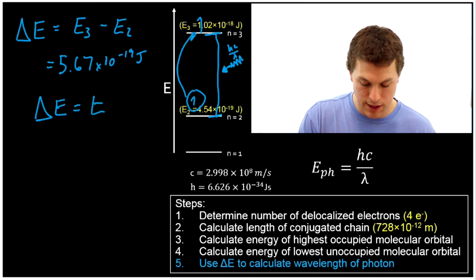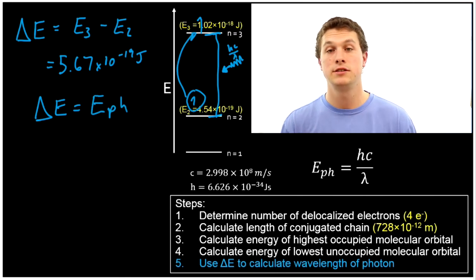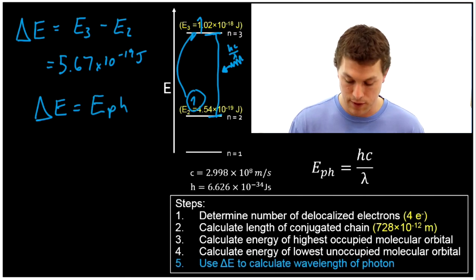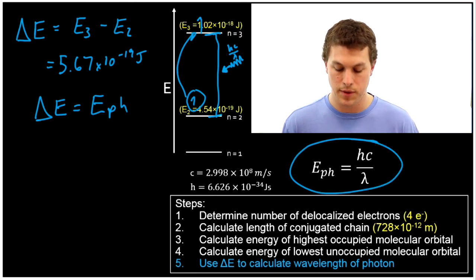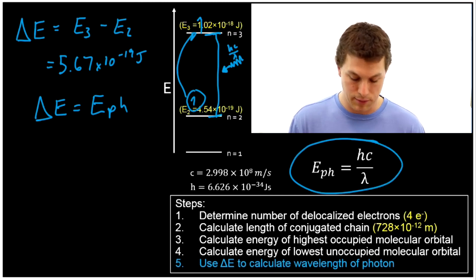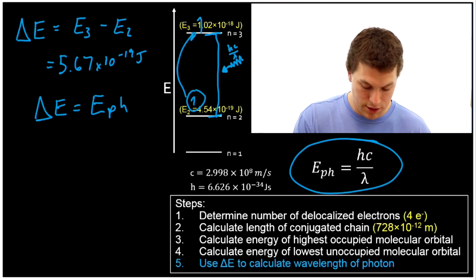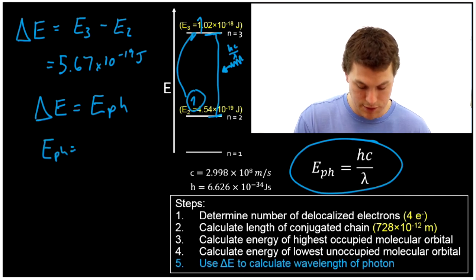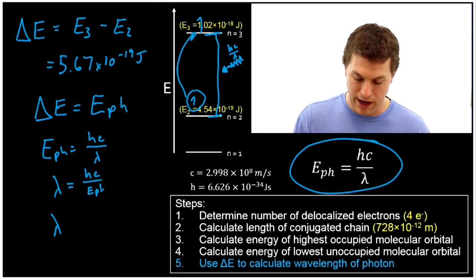The energy my photon needs is exactly equal to the change in energy, the difference in energy between those two steps. And now I'm ready to use my formula over here, energy of photon is equal to hc over lambda, to calculate lambda. With a little algebra, I multiply both sides by lambda and divide both sides by the energy of my photon. I get that. And again, I've spelled out Planck's constant.